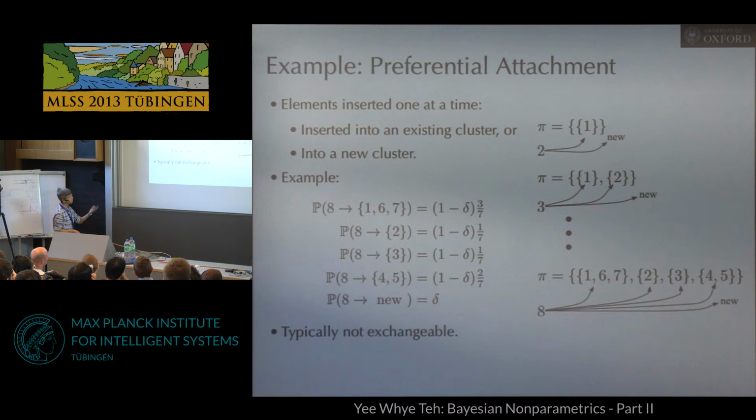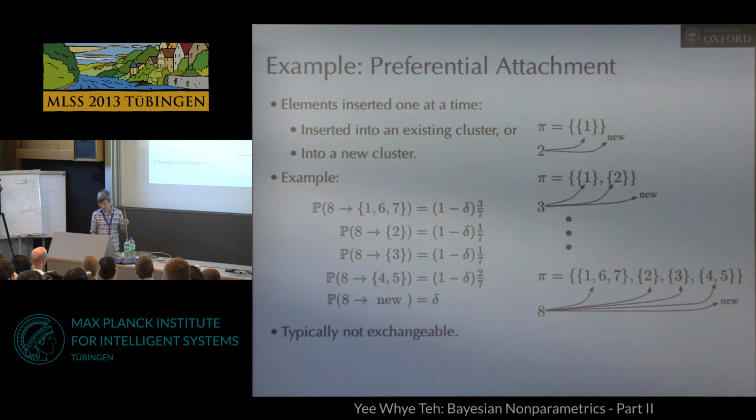This is a different way of parameterizing a preferential attachment model, which is different from the Chinese restaurant process. It turns out that these sorts of models are not typically exchangeable. It is useful in the network modeling case because elements that join the network early on may have a larger effect on what happens in the future, because they were like first movers in the market or something.